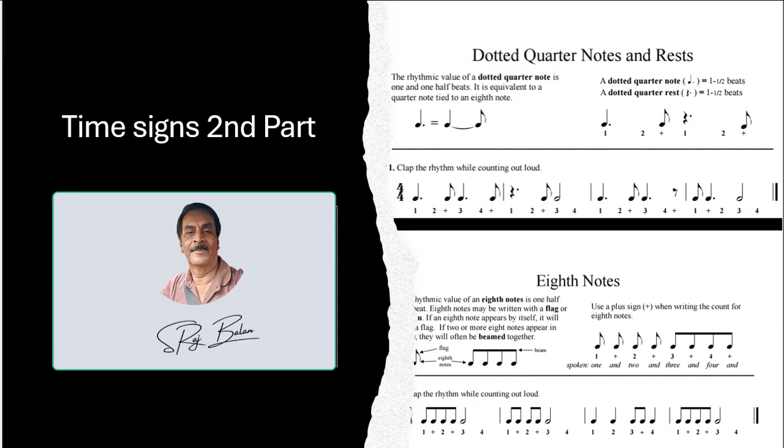So I completed learning the rhythmic aspect when a dot comes into existence. We learned the dotted quarter notes and the rest. Next come the eighth notes.